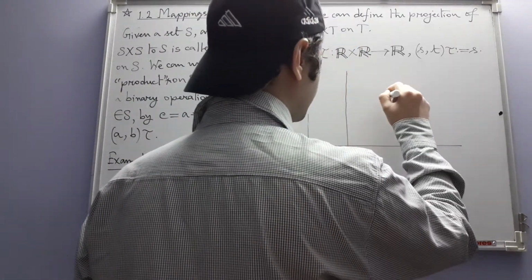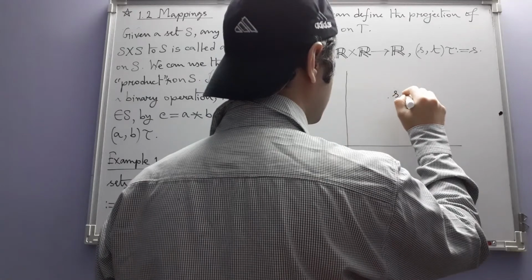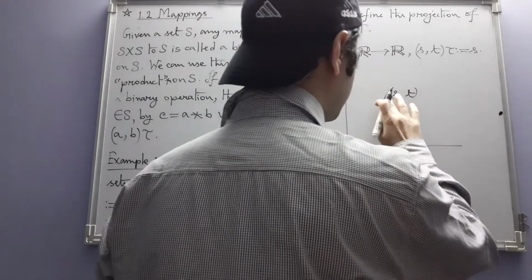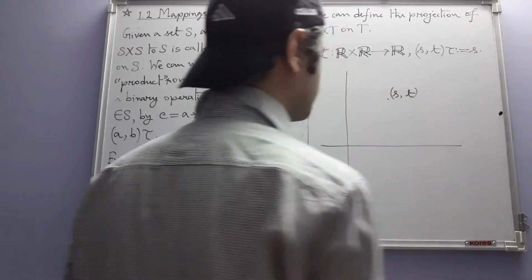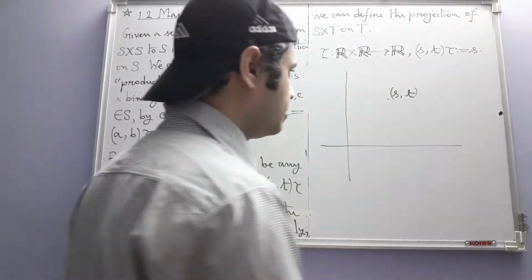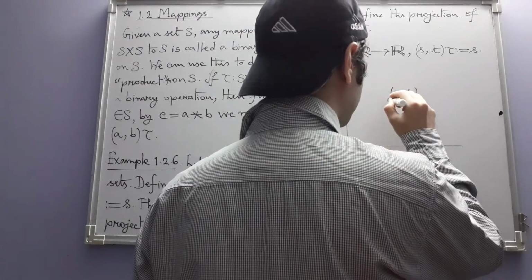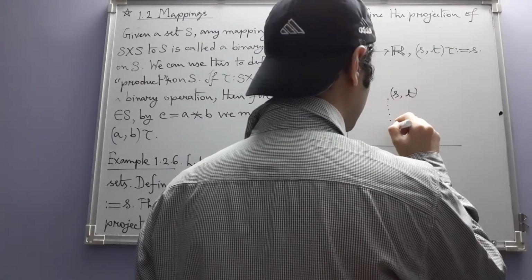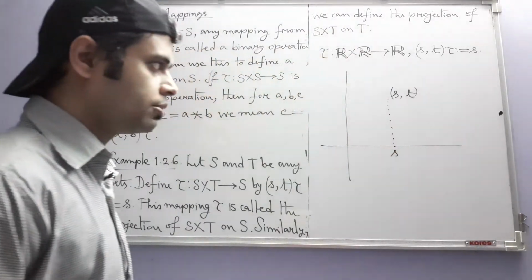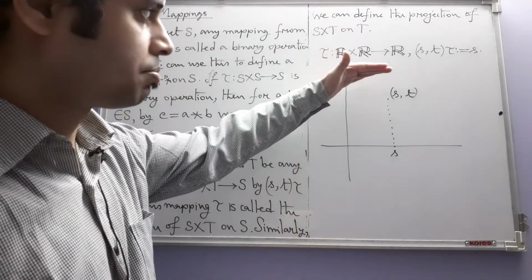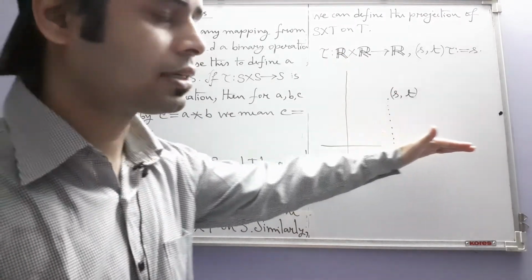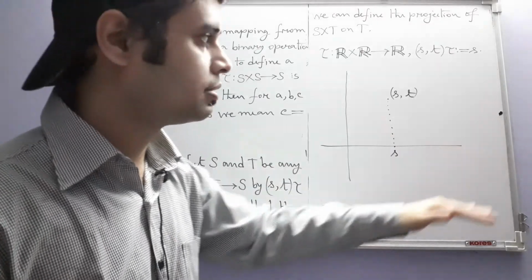So if we have our point S comma T, then it is a point in the two-dimensional plane. Now what this mapping does is that it maps this point onto the first coordinate S. So it can be thought of as a projection of the point onto the first axis, x-axis.